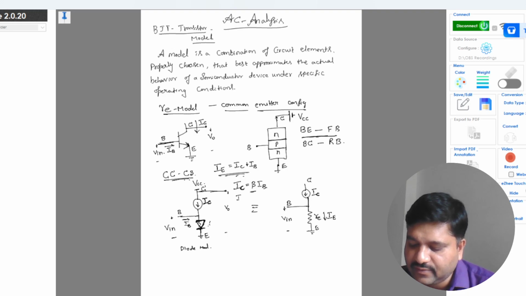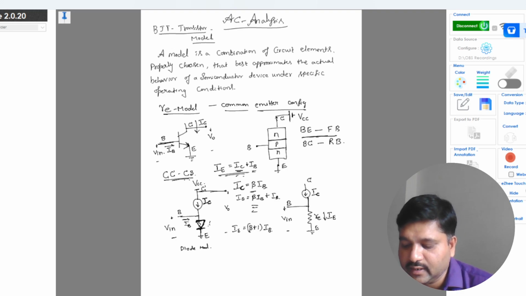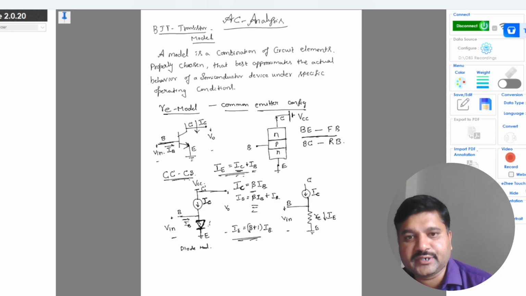So your IE will be IC, which is beta times IB, plus this IB as it is. So your IE is beta plus 1 times IB. This is your IE expression.